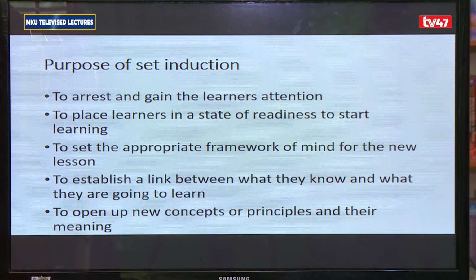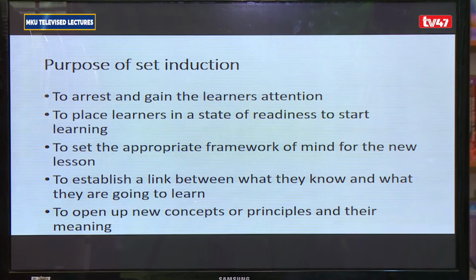Number 3, to set the appropriate framework of mind for the new lesson. You must have that shift from the previous to the present lesson, and oftentimes those lessons are very, very different indeed. It may have been an English lesson, language, and what you are now going to do is a science lesson. So there needs to be a shift.